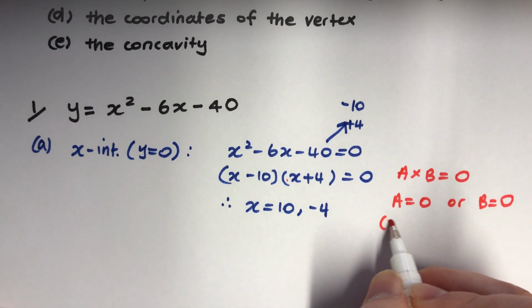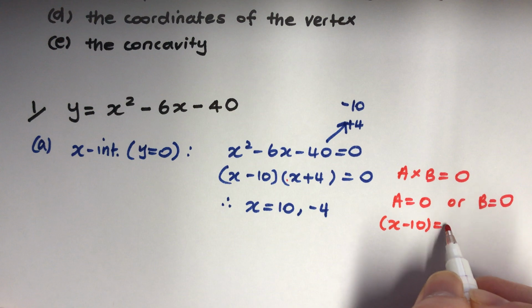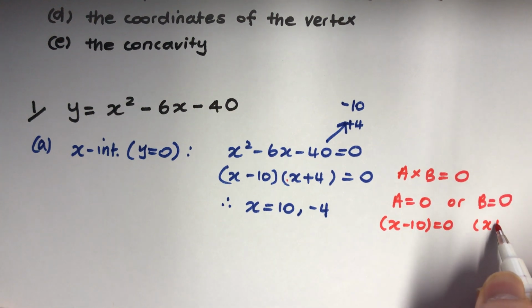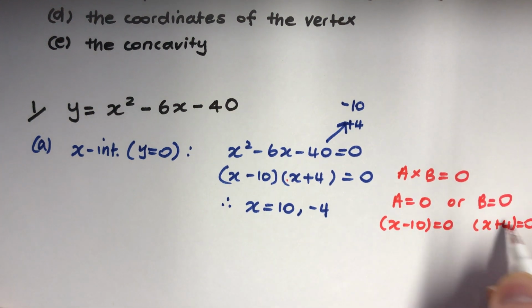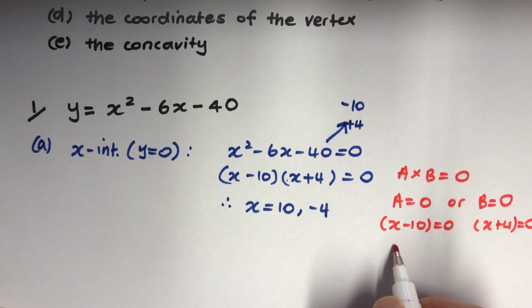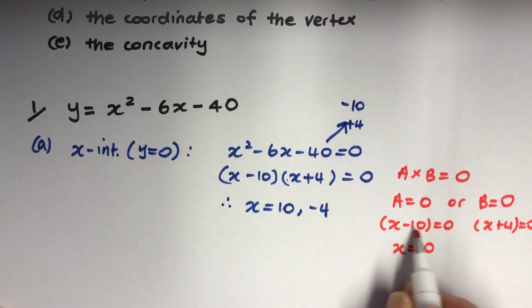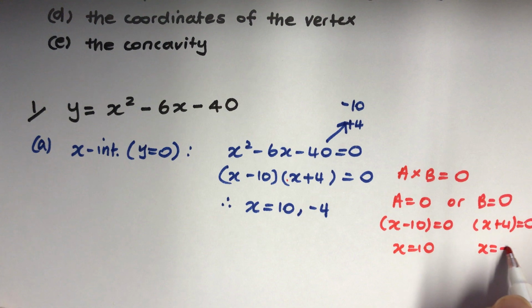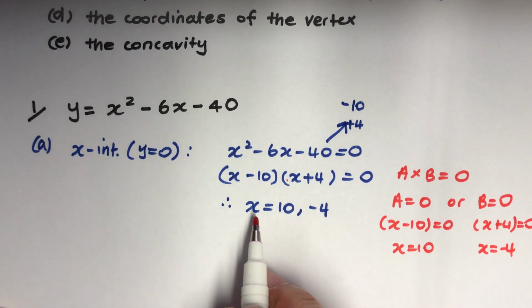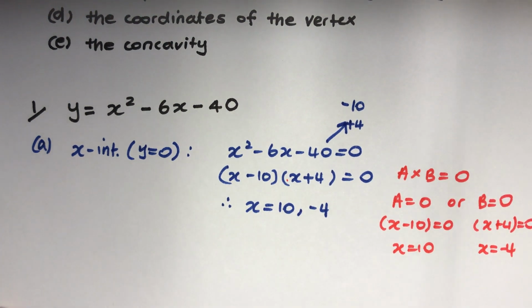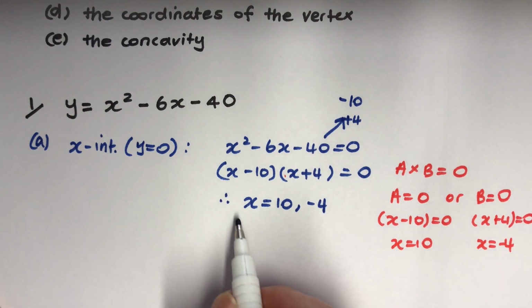So what I'm going to do is x minus 10 equals 0 or x plus 4 equals 0. Now, to make the whole thing 0, it has to be the opposite, 10, and that has to be minus 4. So that is why the x value is 10 or minus 4. Okay, so that's what I've got.